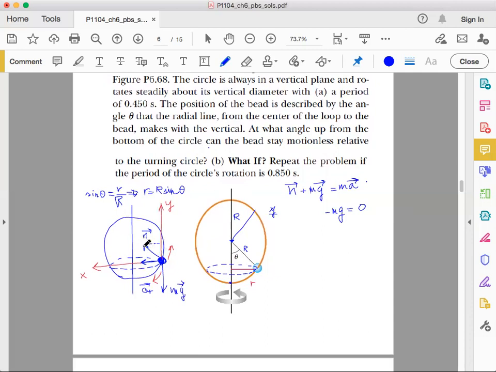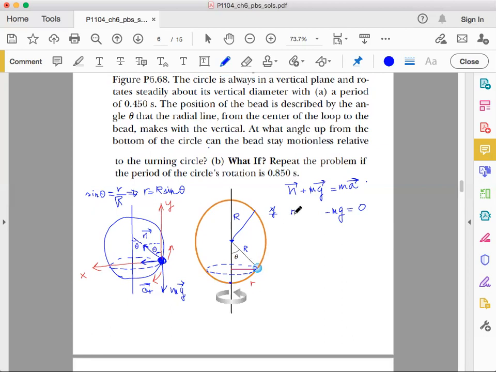Okay, the normal force is perpendicular to the wire. So the angle here is nothing else than theta, which shows the position of the bead along this circular wire. And so we can deduce that the projection of N onto the y-axis is N cosine theta.